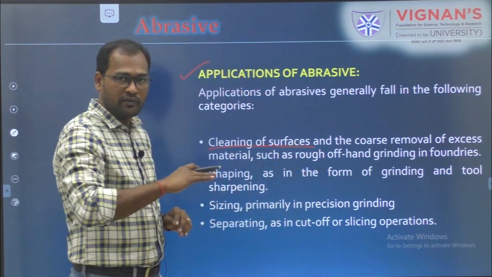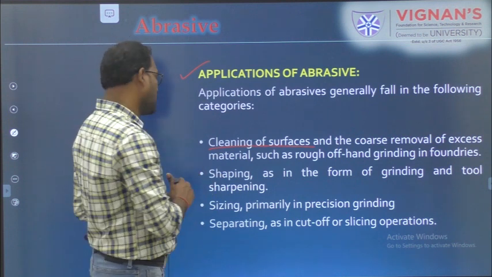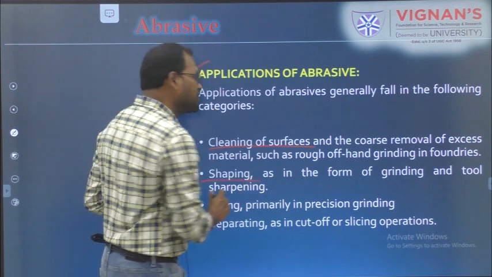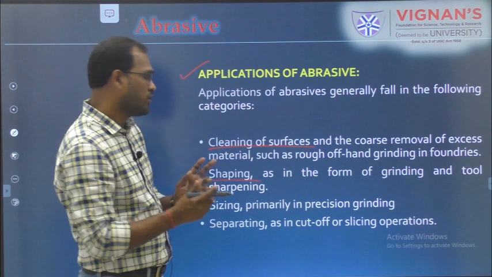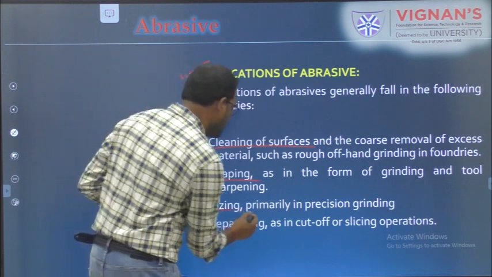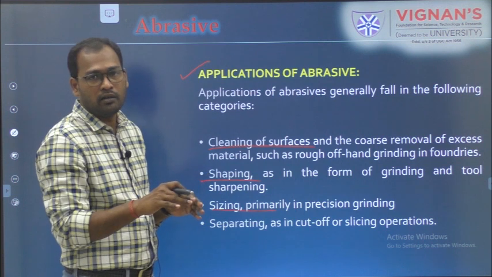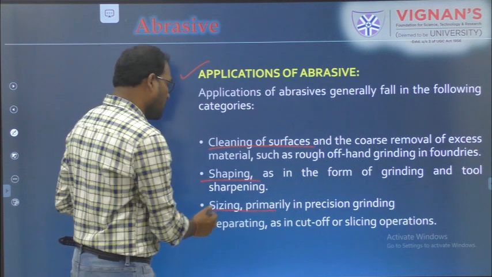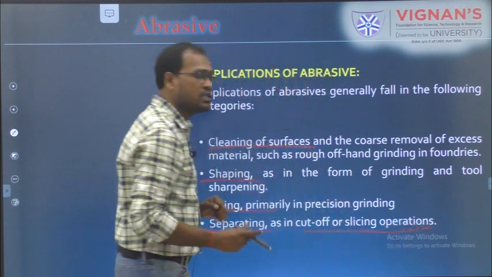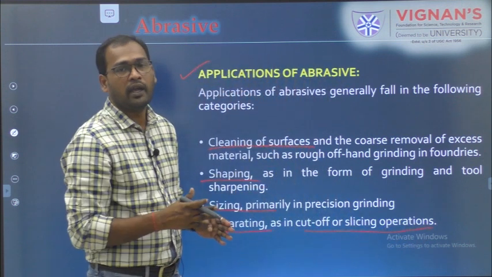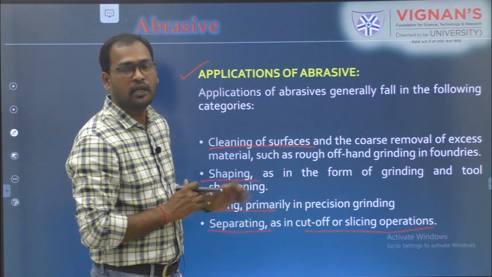Where the surface is not smooth, where it is a bit porous, you can clean the surface with these abrasives. We can use it for shaping different materials, and for sizing, to make the size smaller or reduce the size. And for separating, as in cut off or slitting operations, where you have to cut anything. So there also these abrasives can be used.